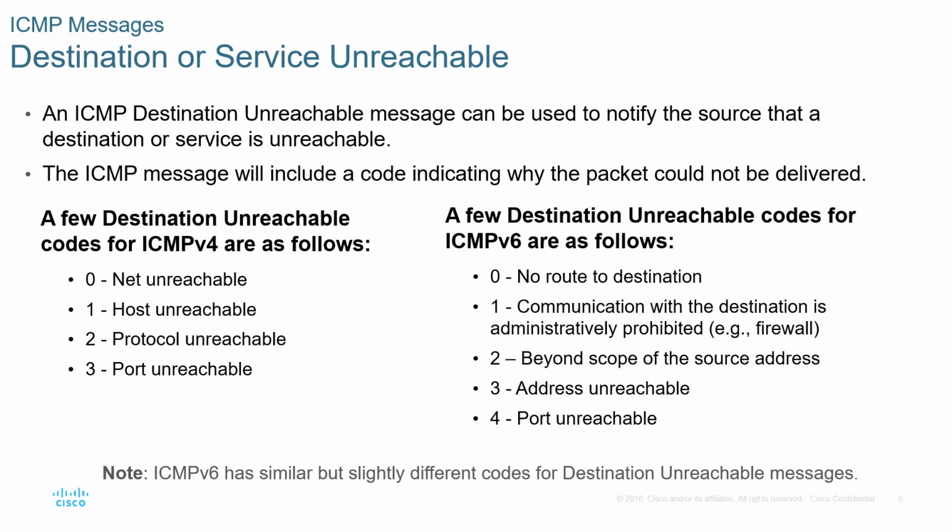If we're talking IPv6, some of the codes for unreachability are no route to destination, that'd be 0. 1 is communication with the destination administratively prohibited, meaning there's an ACE or an ACL preventing the communication. 2 is beyond the scope of the source address. 3 is the address is unreachable, and 4, the port is unreachable.